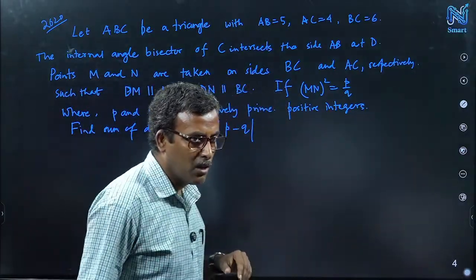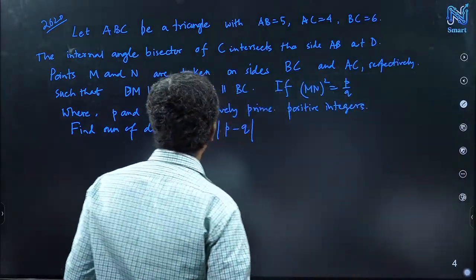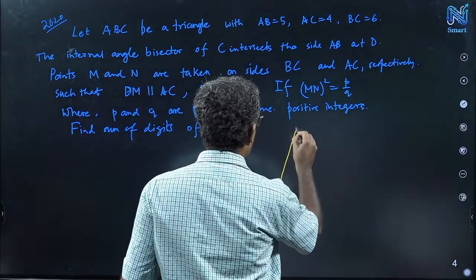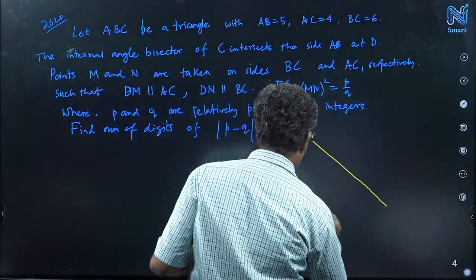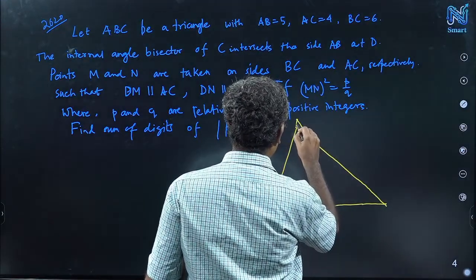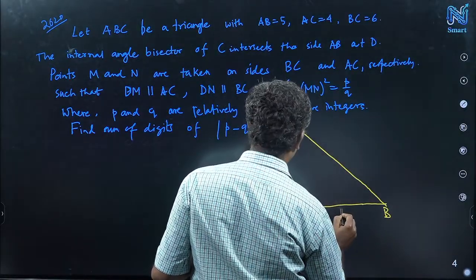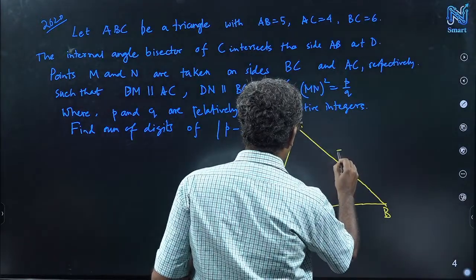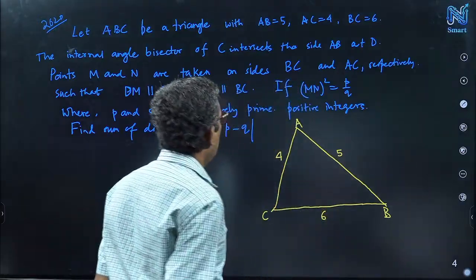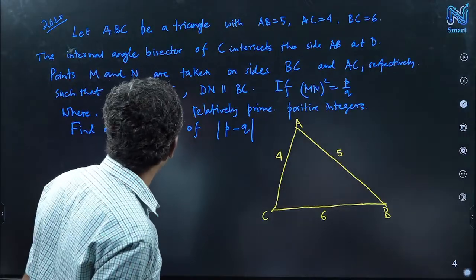So again you have to draw the figure first. Triangle ABC: AB is 5, AC is 4 and BC is 6, right?